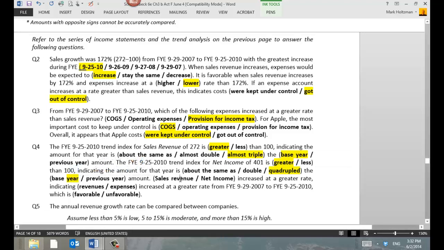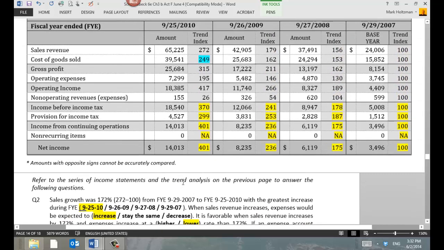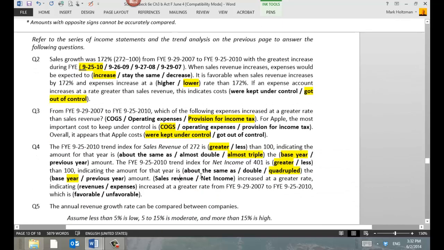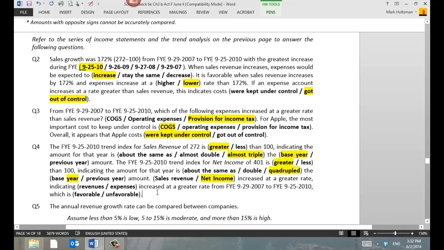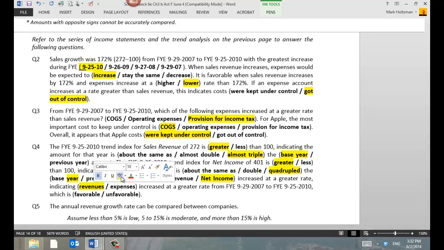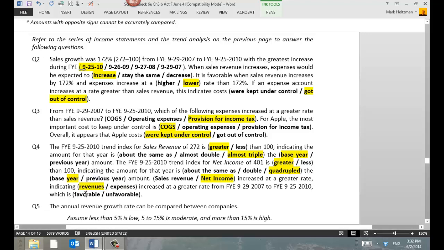Sales revenue, oops. I said the wrong answer too. Which increased at a greater rate, sales revenue or net income? Net income increased at a greater rate, indicating that revenues increased at a greater rate than expenses, which is favorable.